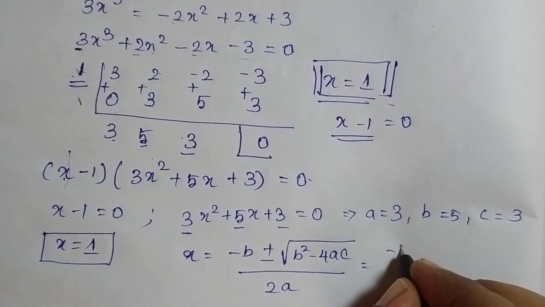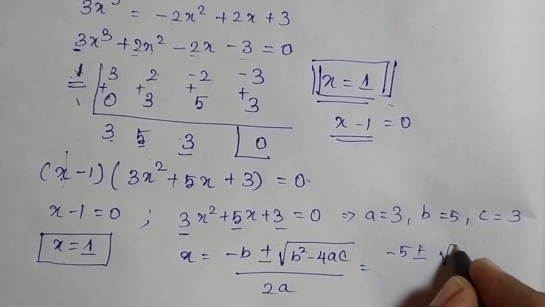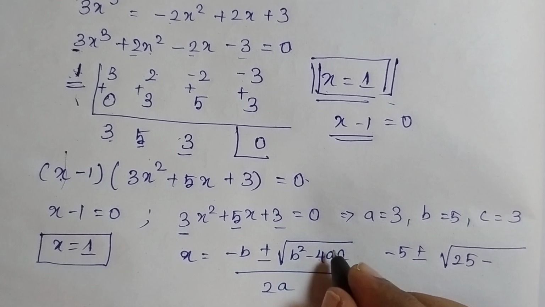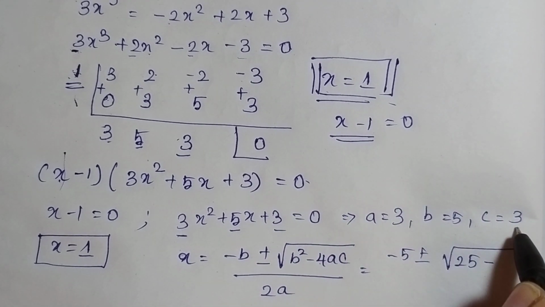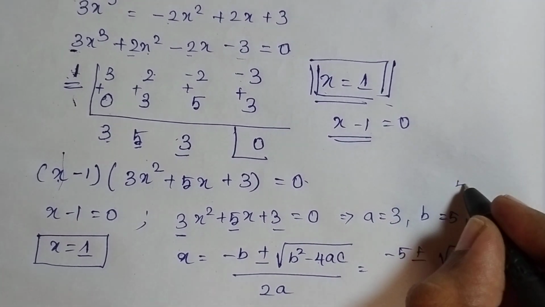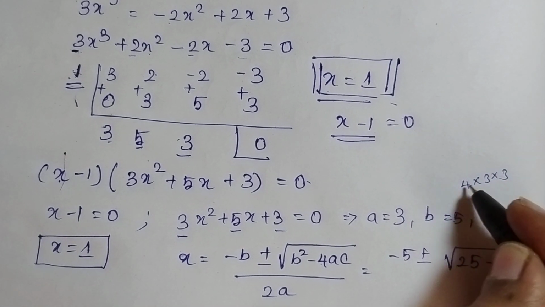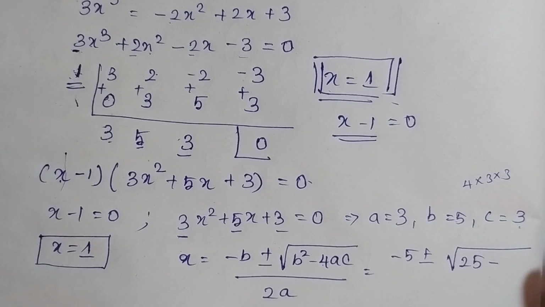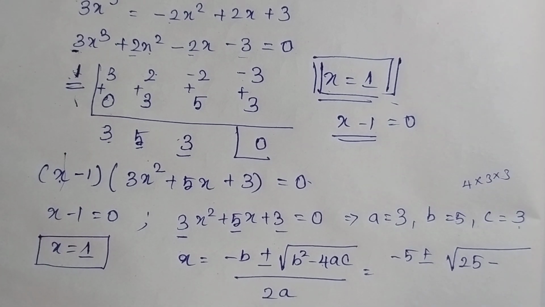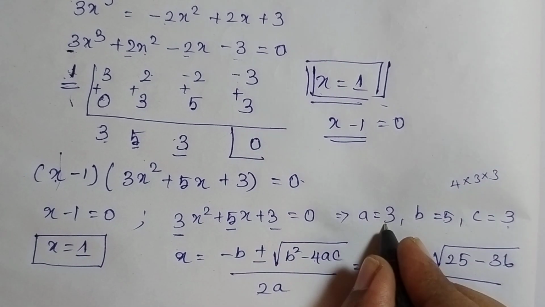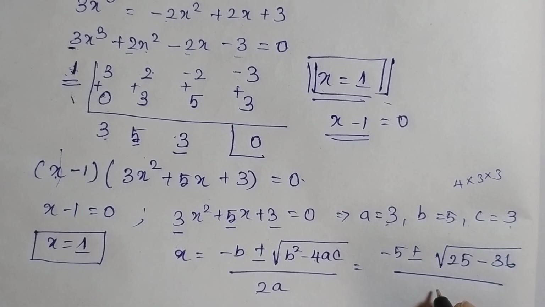Therefore, minus 5 plus or minus the root of 5 square, which is 25, minus 4 into 3 into 3. So 4 into 3 into 3 is 36, divided by 2 into a, which is 2 into 3, is 6.